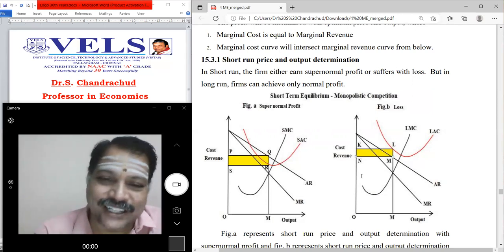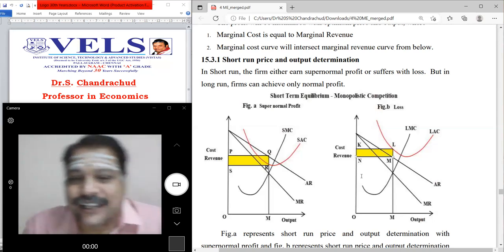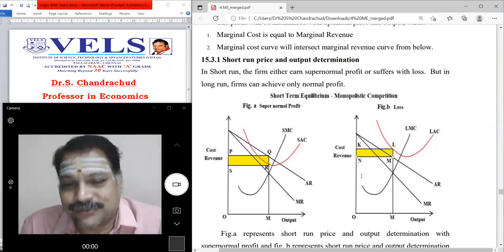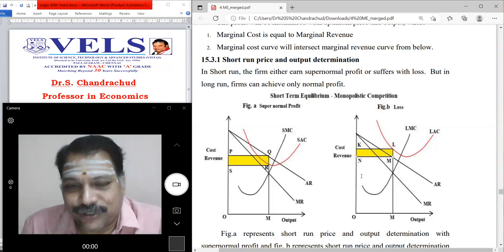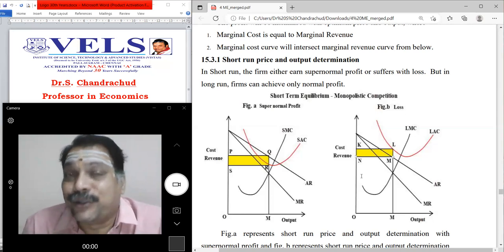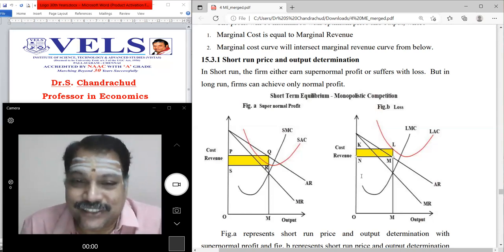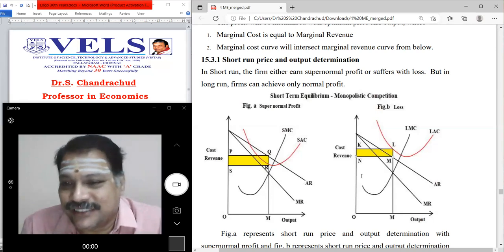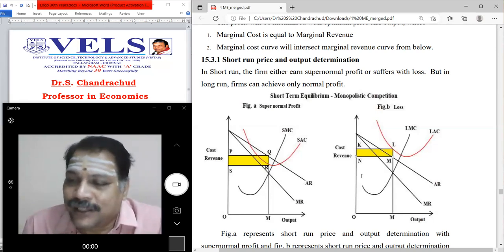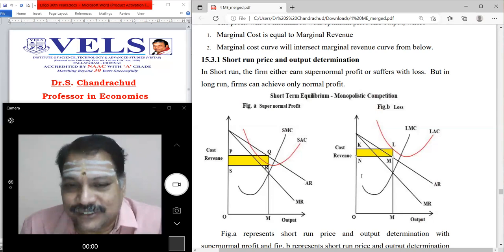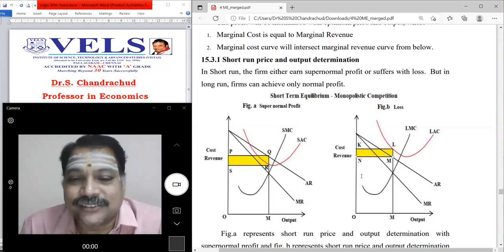You can see in the diagram. Diagram 1 is AR and MR. AR is above the MR and it is coming down from left to right. When you draw the marginal cost curve, here you should mention SMC. SMC means short run marginal cost curve. It intersects at the point E.